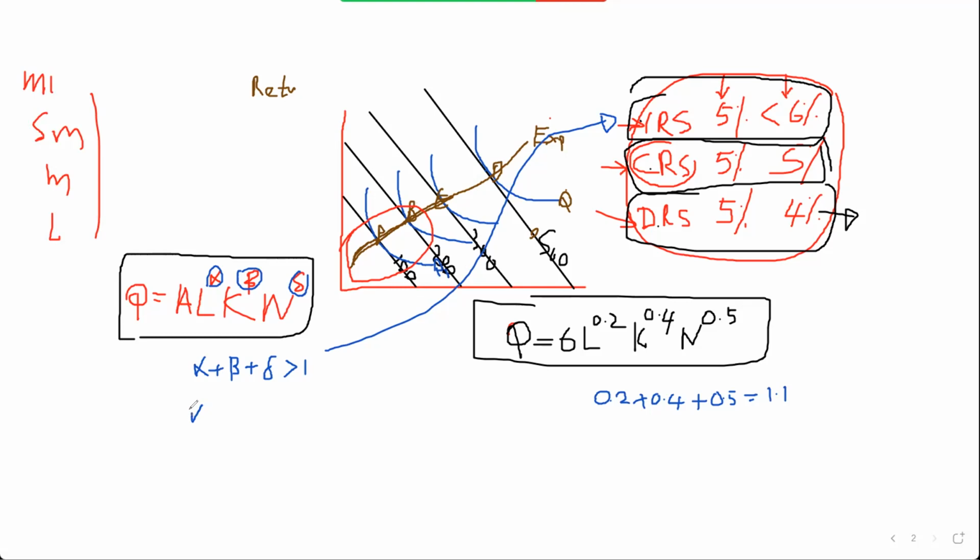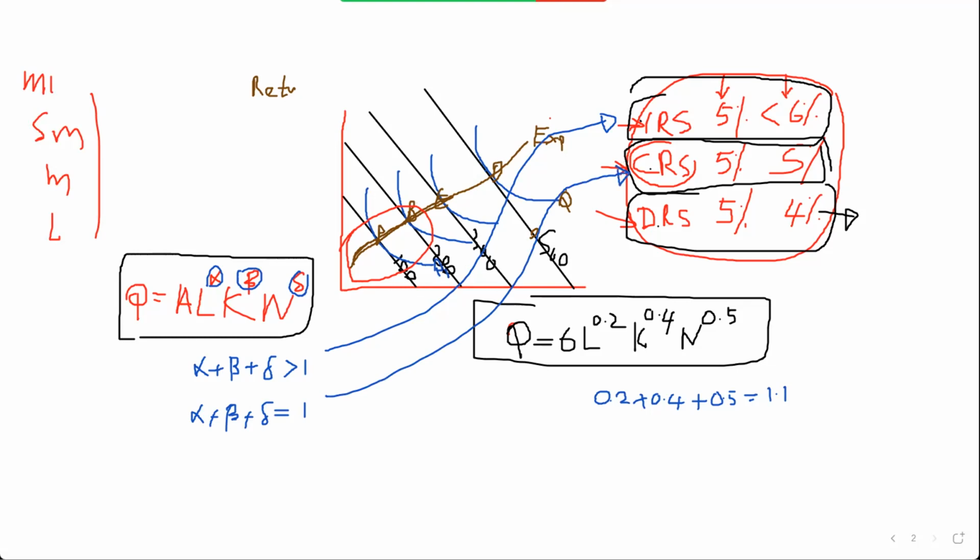Now, when you add alpha, beta, gamma, whatever the other coefficients, and it equals 1, you are in the second stage, the constant return to scale. Constant return to scale.